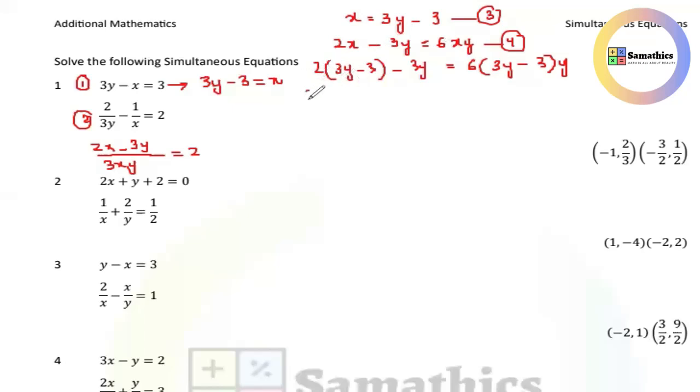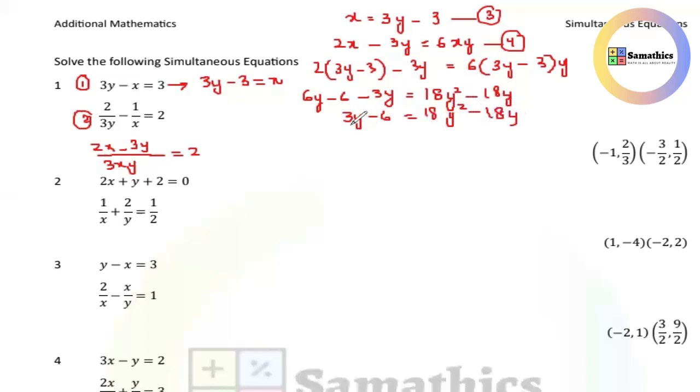So here we have 6y minus 6 minus 3y is equal to 6y multiplied by 3y. 6 3s are 18, 18y squared, and 6 3s are 18, and then by y, so it is minus 18y. Now this will be 3y minus 6 is equal to 18y squared minus 18y.